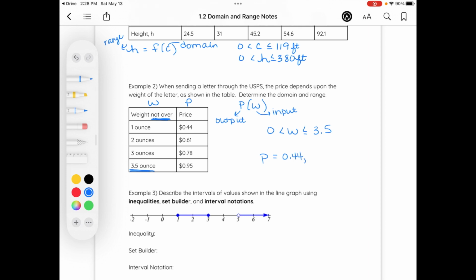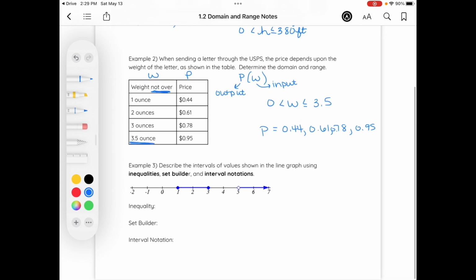It can only be 44 cents, 61 cents, 78 cents, or 95 cents. Doesn't say anything about being in between those. It just, our weight cannot be over a specific load, and then depending upon which 4 categories it falls in, it will land at the price on the right hand side.